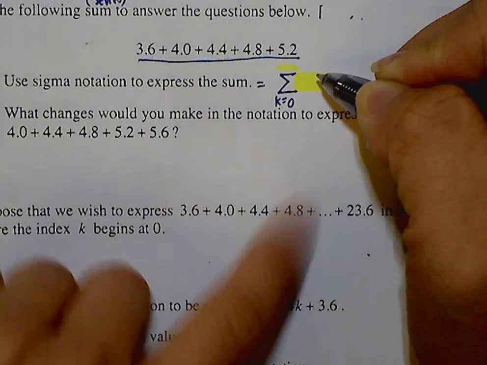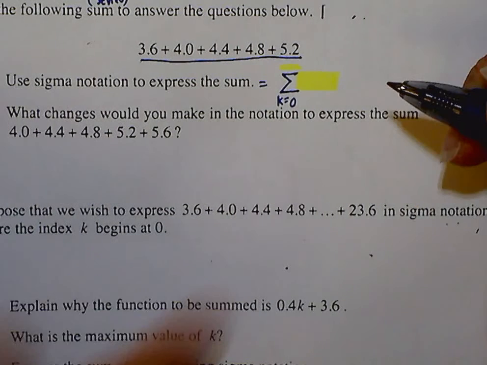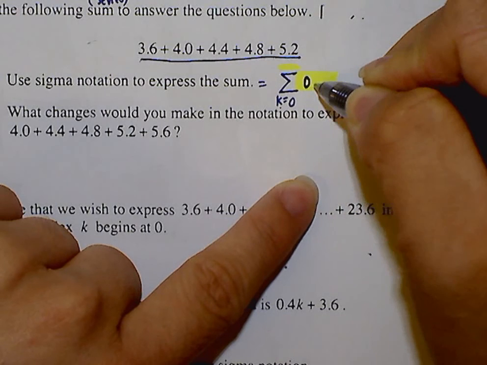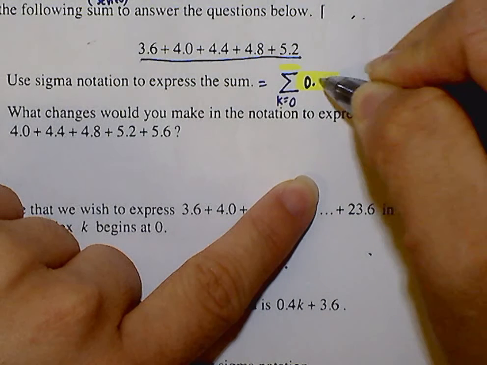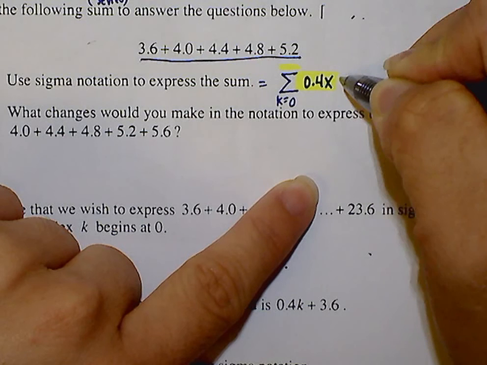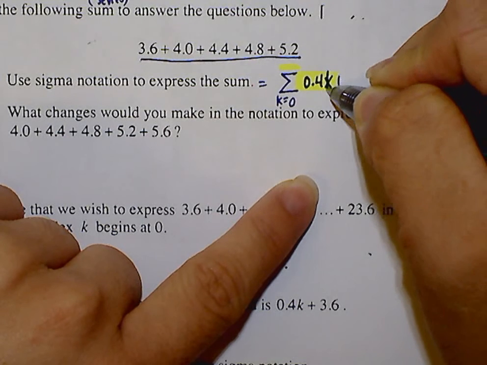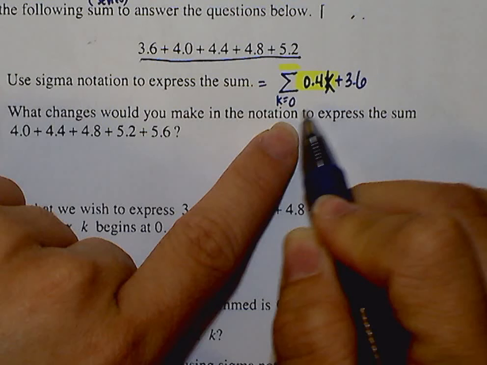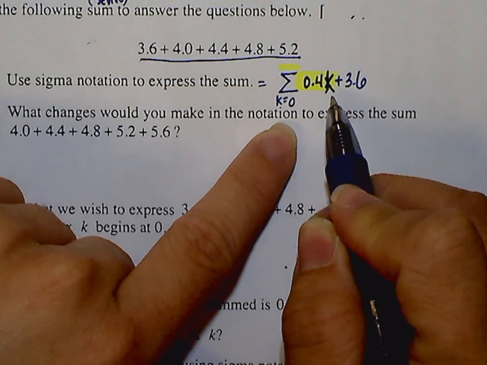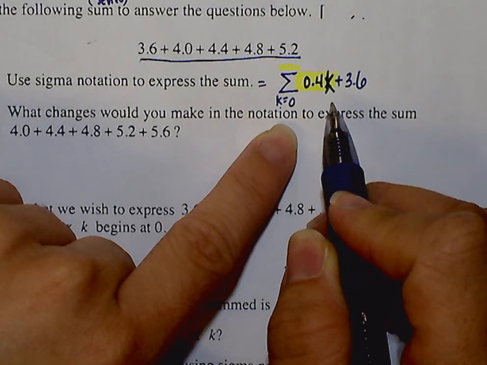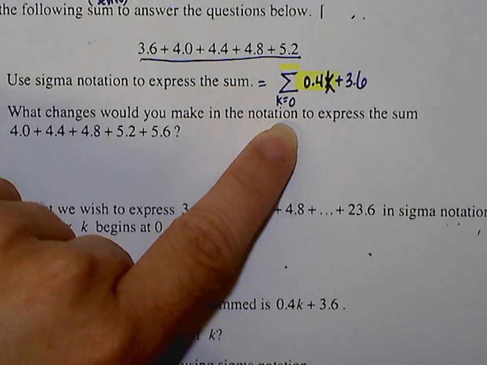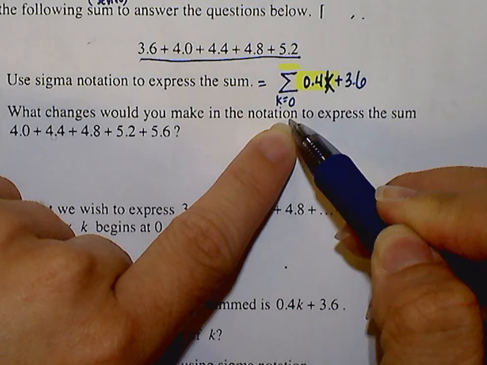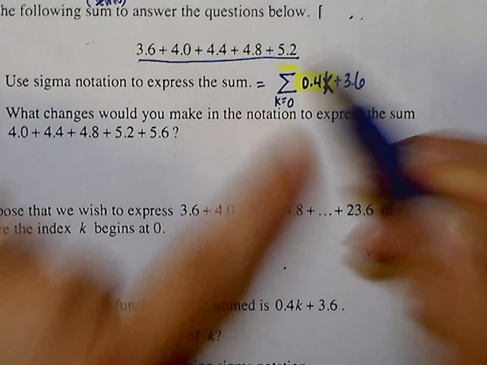I put 0.4K plus 3.6. Good. By the way, we're gonna use K's. If you have any X's, get rid of those X's. Sometimes we have X's somewhere else, like we might put X at the top, where the top limit is a variable. So we're gonna save X for something else.